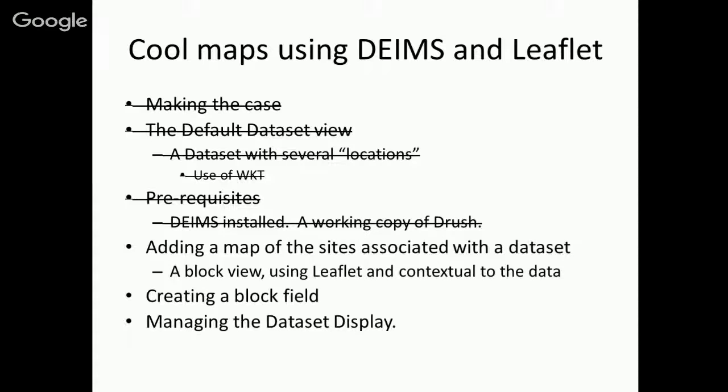So intuitively, what you really want is just a little block in the dataset display that contains that map, showing just those locations that are inherited from the context of the dataset that we are displaying, right? And we do that using Leaflet. And so for that, we'll just add a view, create a block view, and then tinker a little bit with the display.